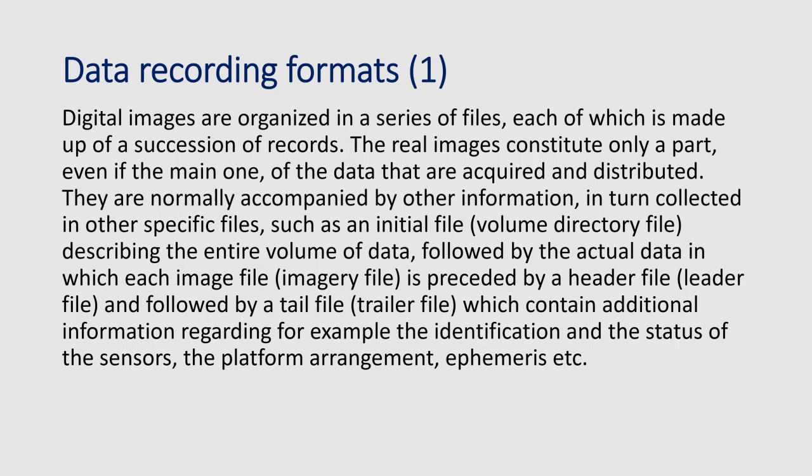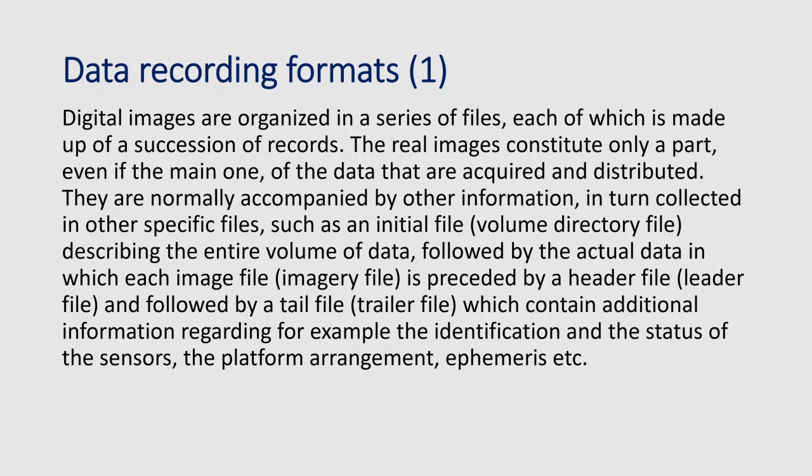They are normally accompanied by other information, in turn collected in other specific files, such as the initial file, that is the volume directory file, describing the entire volume of data, followed by the actual data in which each image file, that is called the imagery file, is preceded by a header file, the leader file, and followed by a trailer file, which contain additional information regarding, for example, the identification and the status of the sensor, the platform arrangement, the ephemeris, etc.